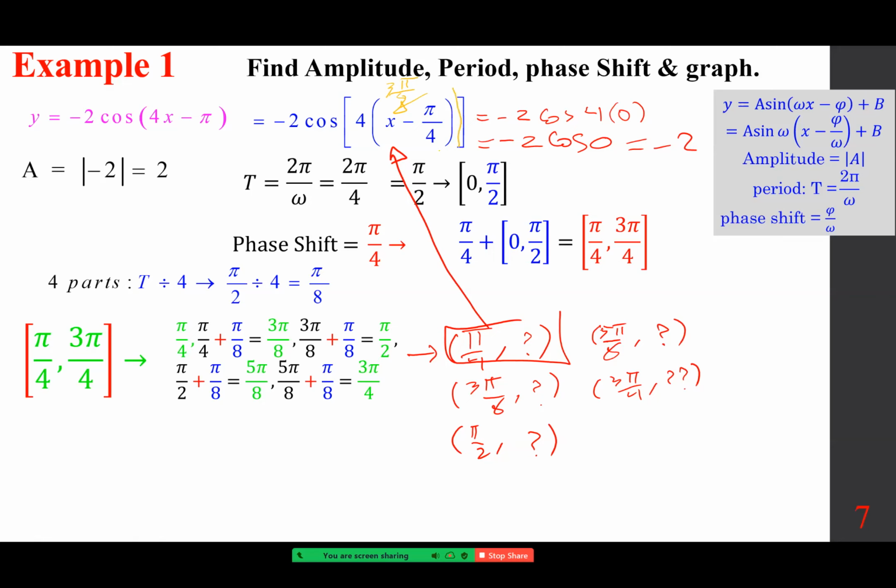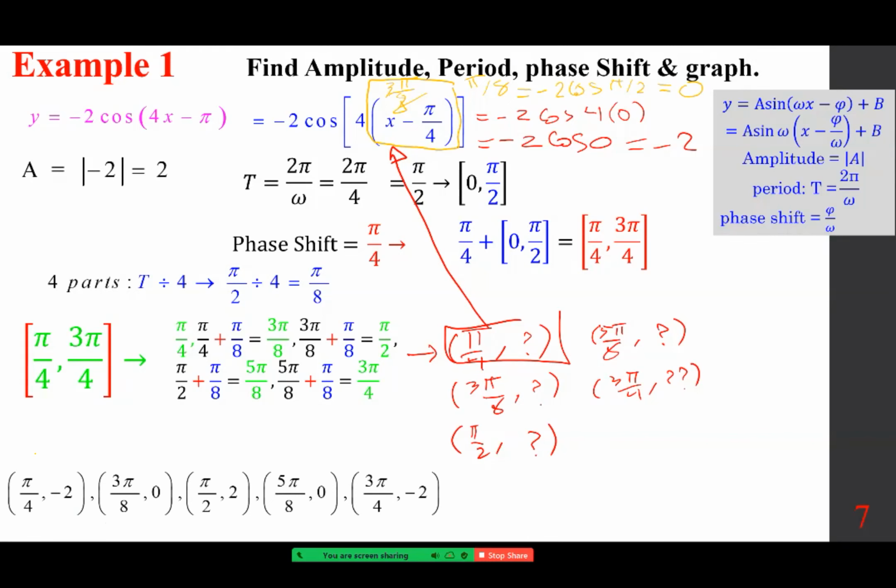I hope you realize this is pi over 8 now. So we have -2 cosine of 4 times pi over 8. Cosine of pi over 2, and that is 0.